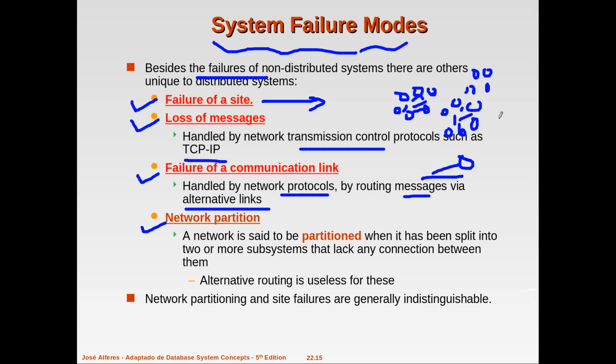So we have a large number of sites situated in different locations. The entire network is connected, but we will partition this network again. We will partition this as one area, this as another area, and this as another area.